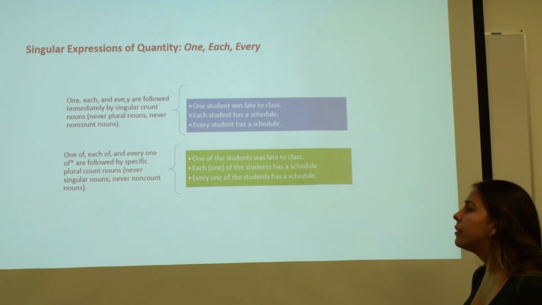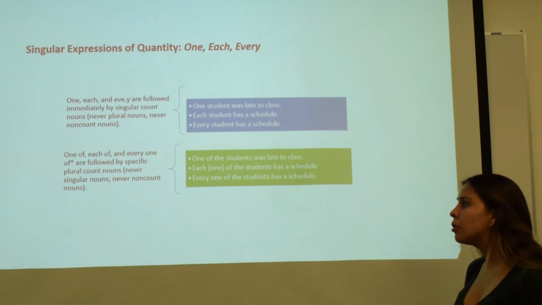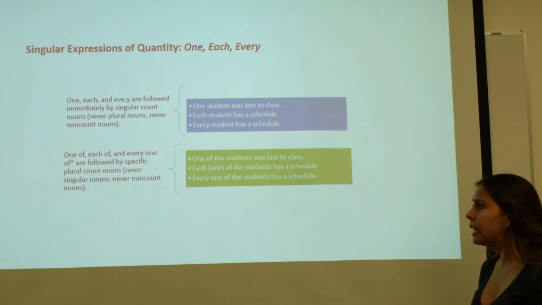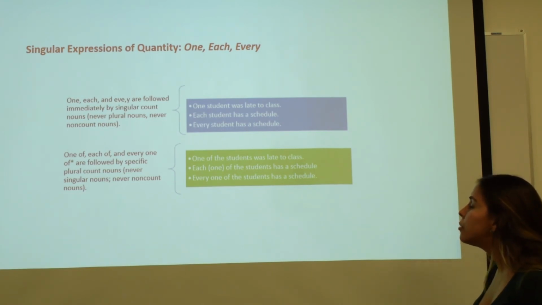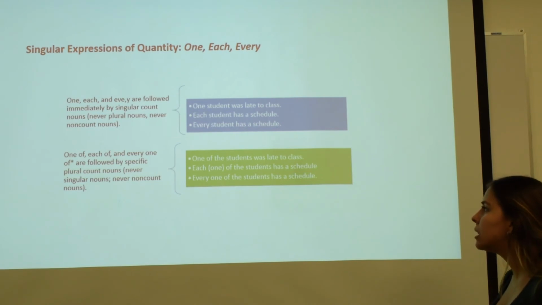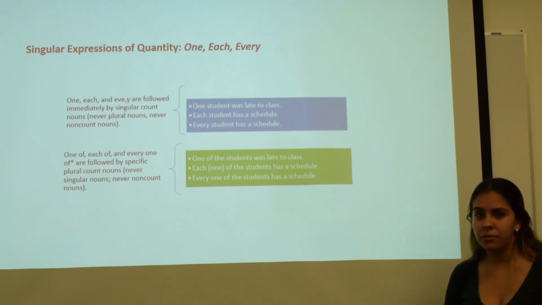One of, each of, and every one of are followed by a specific plural count noun. Never singular nouns, never non-count nouns. One of the students was late to class. Each of the students has a schedule. Every one of the students has a schedule.